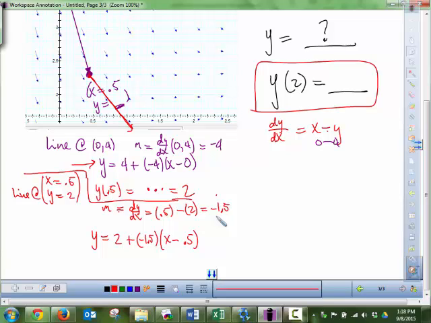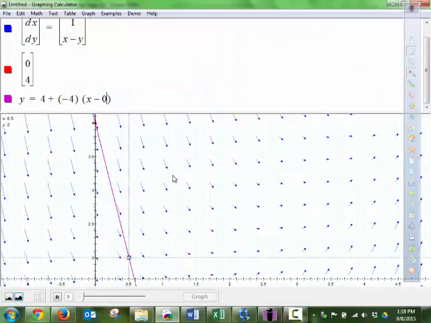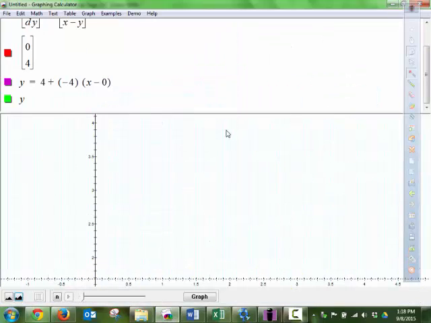Right? Okay. So that line was y equals, what was it again? 2 plus negative 1.5 times x minus 0.5.